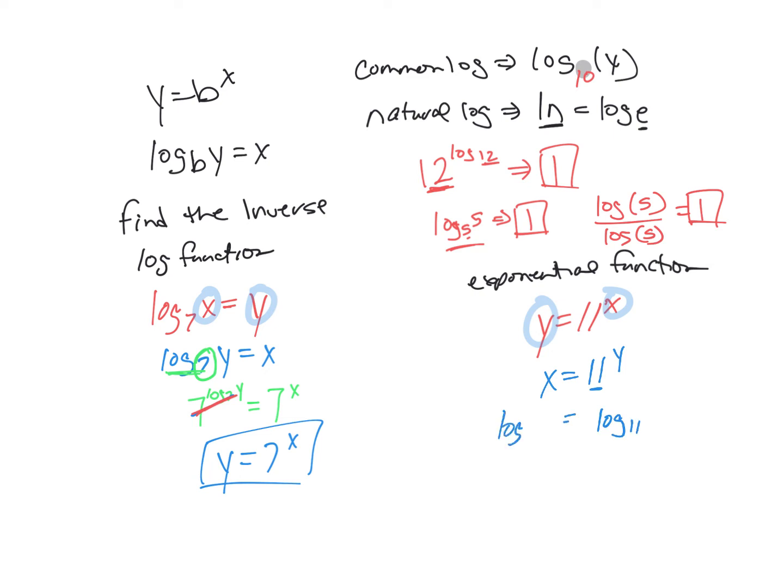And we're going to use the base 11 since my base is 11 here. Then we're going to bring this down. This becomes your of statement, okay? Then we know that up here, we said this cancels out and becomes 1. So we get log base 11 of x equals y. And that is your inverse.